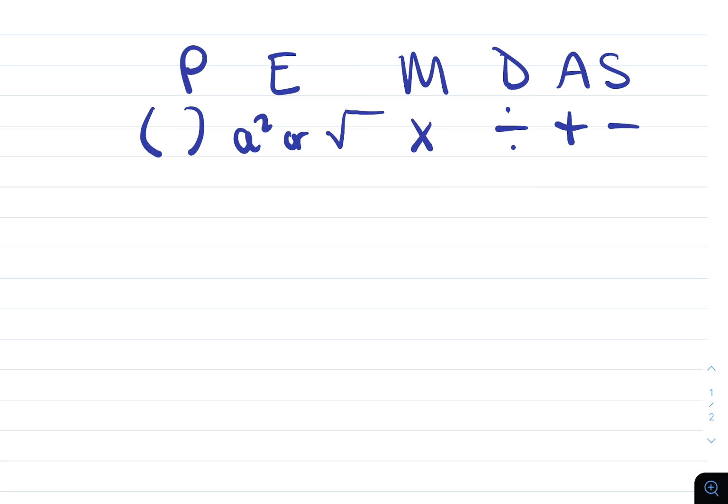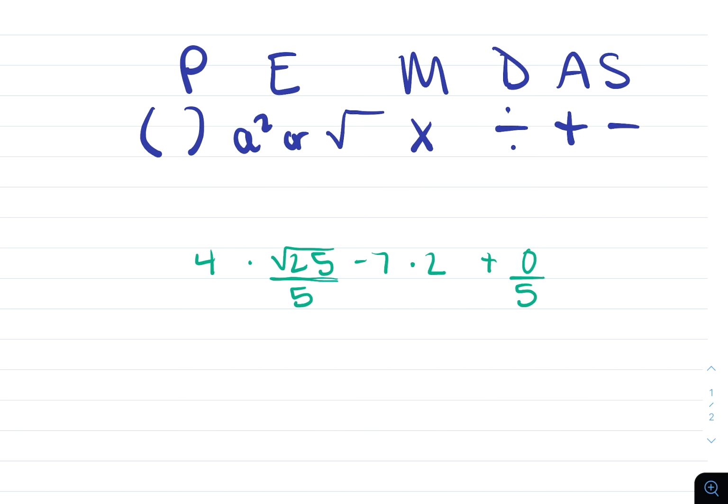Okay, we are going to try 4 times the square root of 25 minus 7 times 2 plus 0 over 5. Okay, let's start with this square root, which is 5.